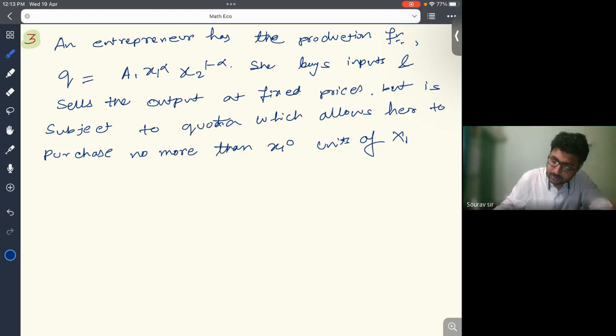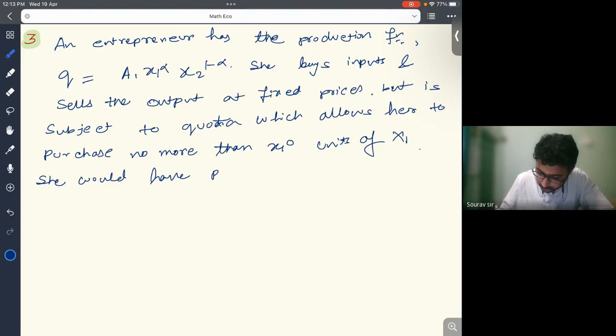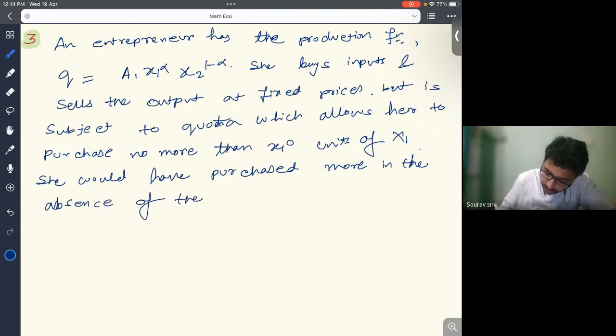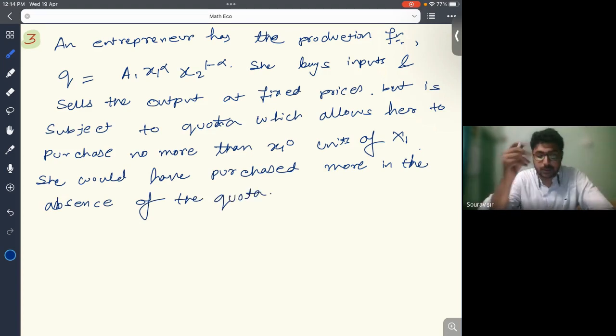Because of the quota, she is reducing her purchasing quantity.